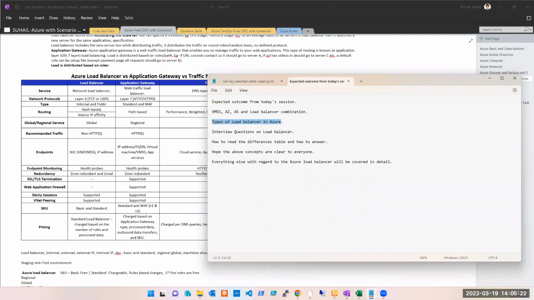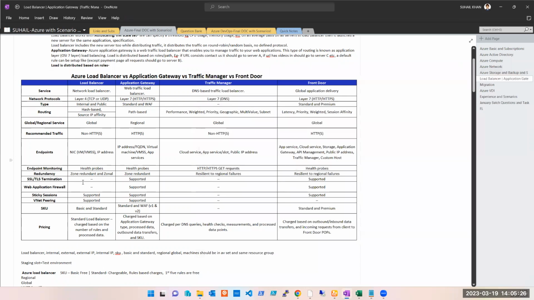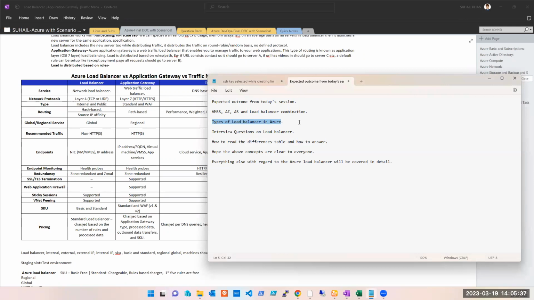I told you that all the questions related to types of load balancer and differences are already here. The questions and the answers are all here. You just need to learn how to answer. So any confusion in this statement?